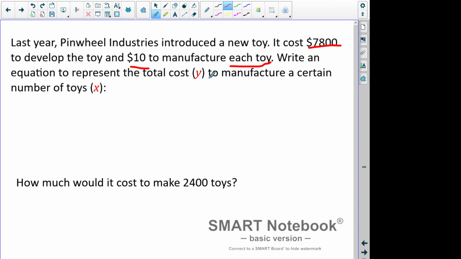They want you to write an equation to represent the total cost. Use the value y to represent the total cost, and we're going to use x to be the number of toys.